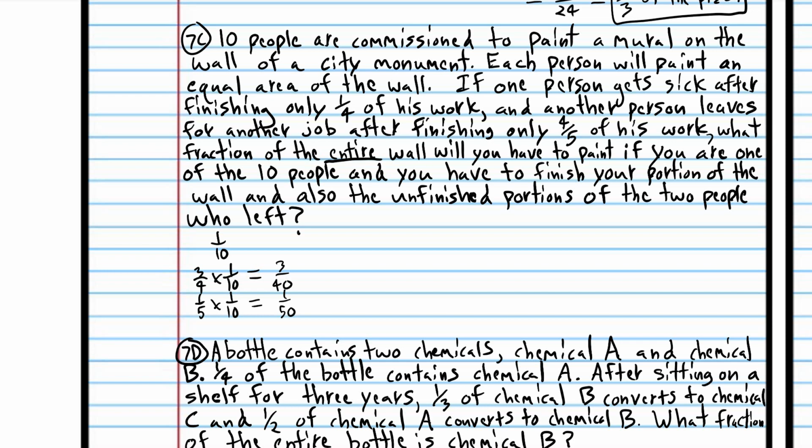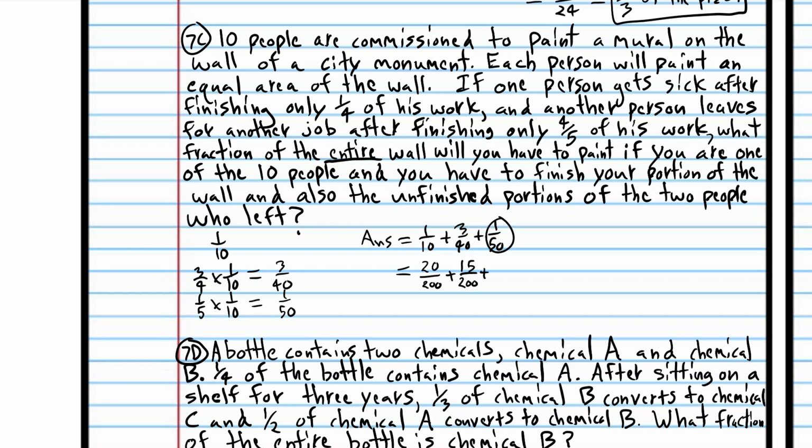And so now you just add all those up. The answer is equal to 1/10 plus 3/40 plus 1/50. And now we just need a common denominator, which I think is going to be 200. So, sorry I'm giving you big numbers there. Multiply both sides of that fraction by 20, and you get 20/200. And multiply both sides of this fraction by 5, and you get 200.